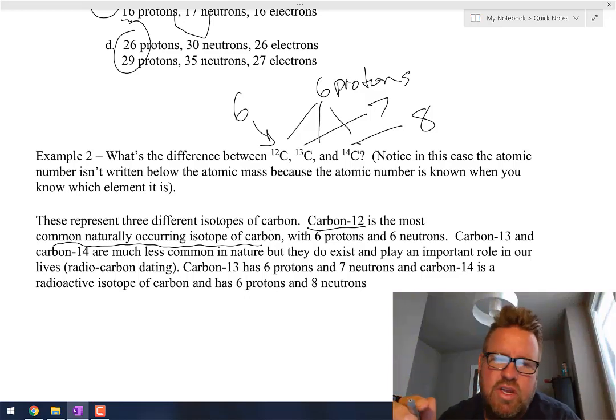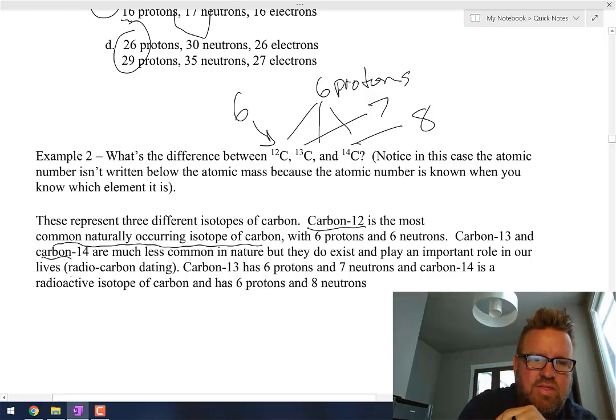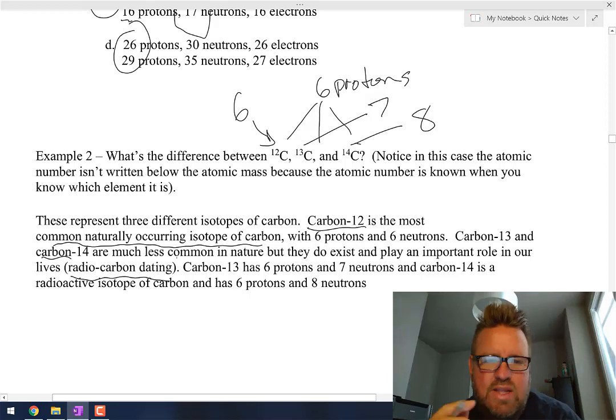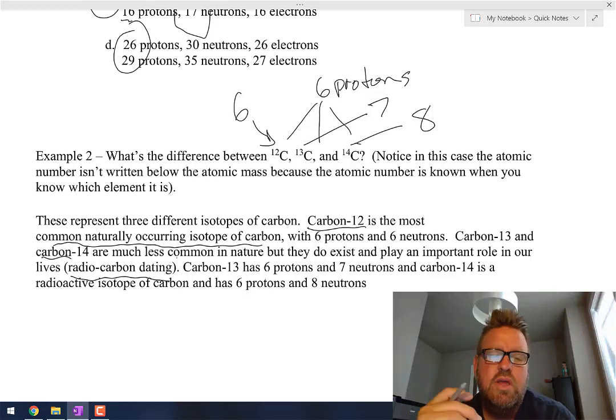Okay, carbon 13 and carbon 14, yeah, there's a little bit of them, and some of them are really important, such as carbon 14. They use that for radiocarbon dating, so like for figuring out how long ago something lived, is they can use the carbon that's in our bones and use that to determine how long ago something lived based on what's called the half-life of that radioactive carbon that's in our bones.